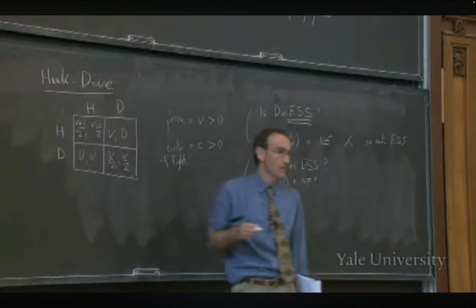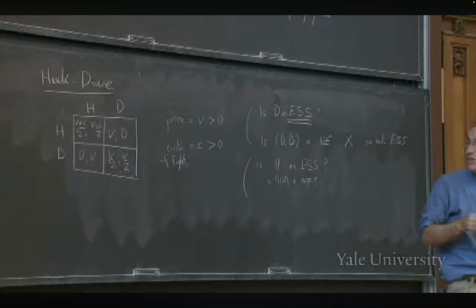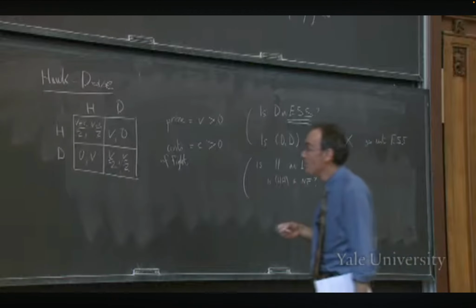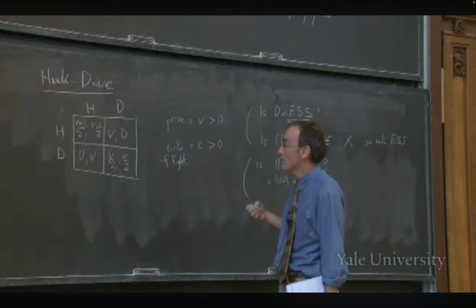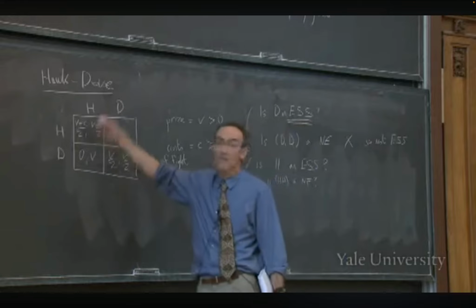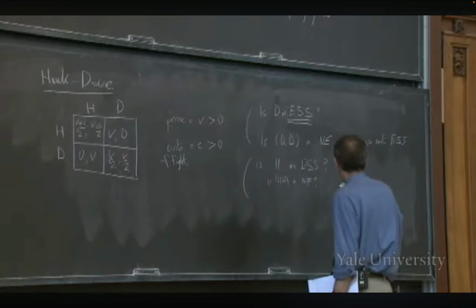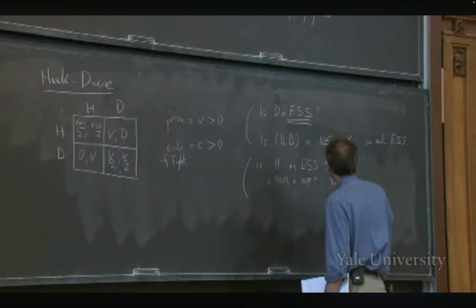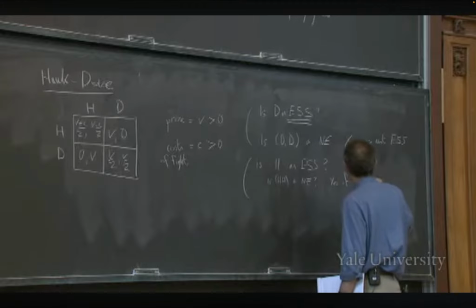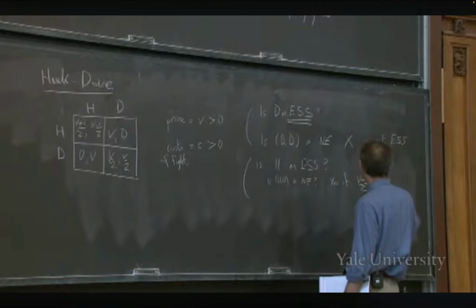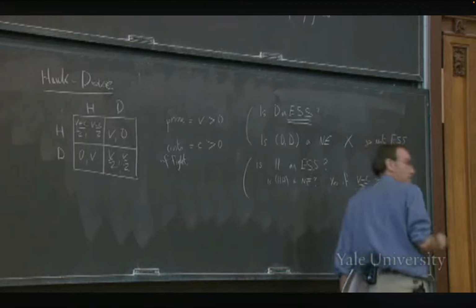Is that right? It's a symmetric Nash equilibrium provided Hawk against Hawk does at least as well as dove against Hawk. So the answer is yes if V minus C over 2 is at least as big as 0.